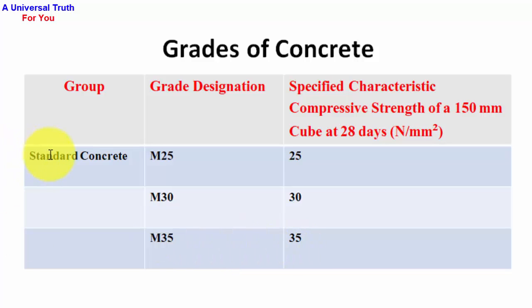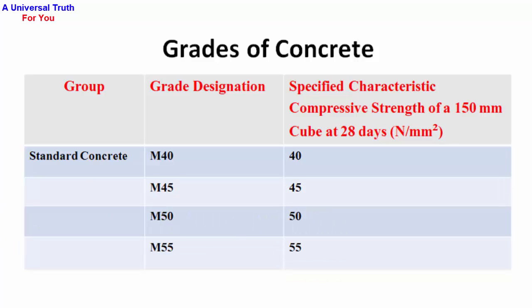Next, for standard concrete. For standard concrete, the grade designation is M25 of 25 Newton per mm square characteristic compressive strength. Next is M30, it is 30 Newton per mm square. Next is M35, it is 35 Newton per mm square.